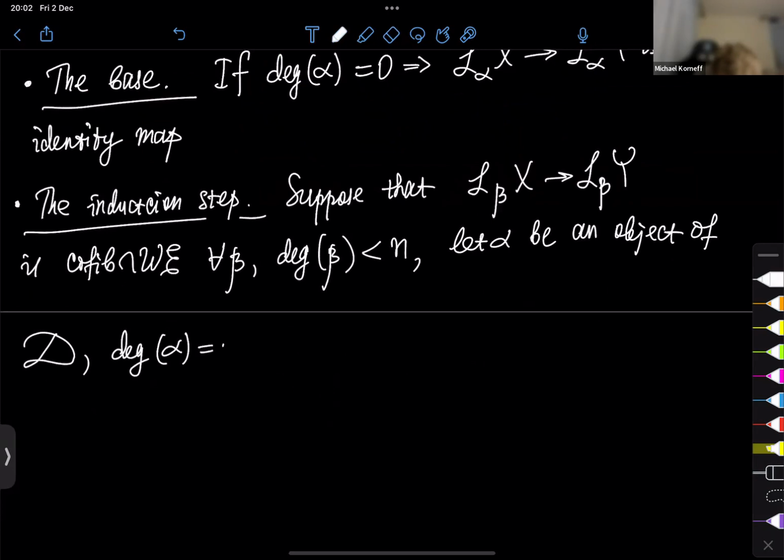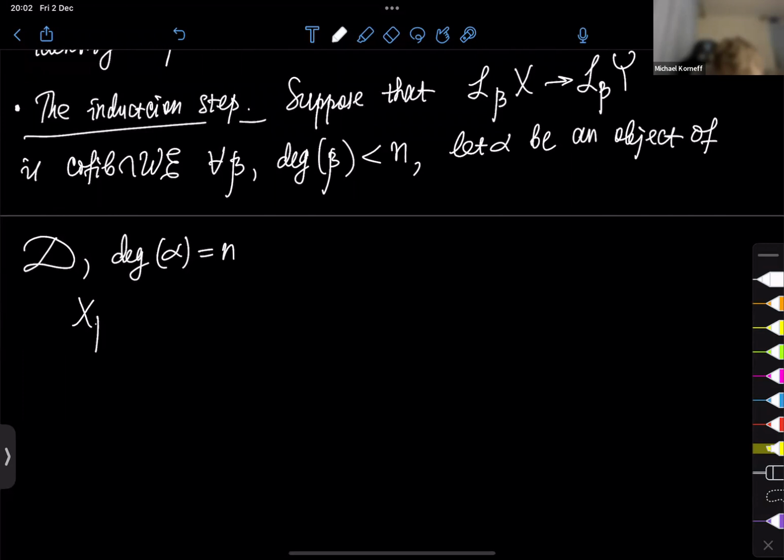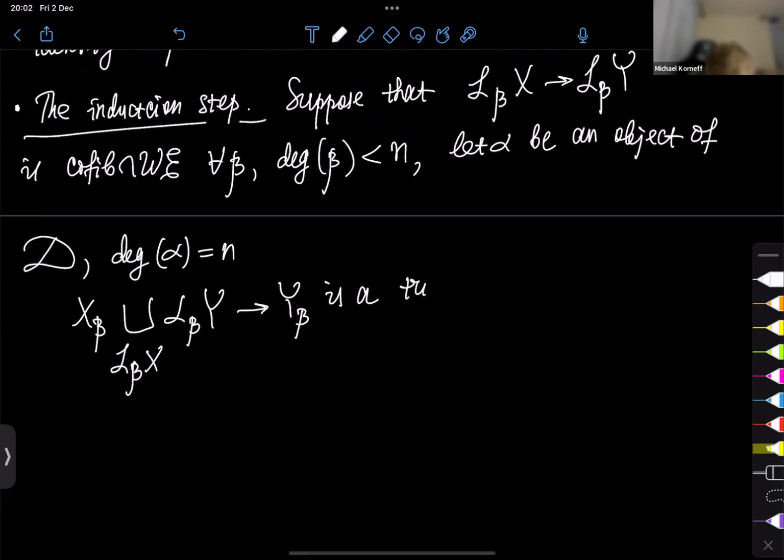Okay, and the discussion above shows that the following relative latching map is a trivial cofibration for any beta of degree less than n.